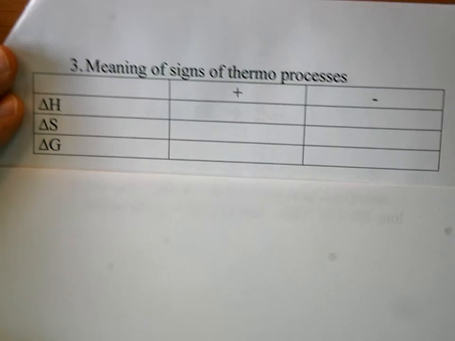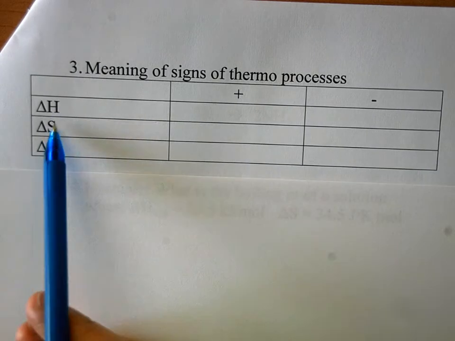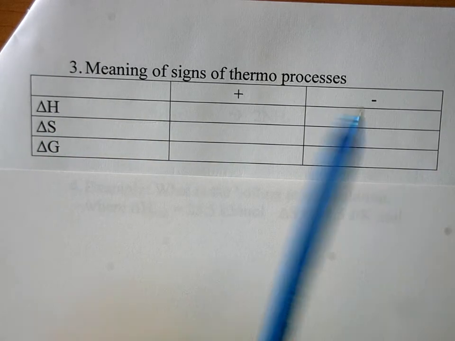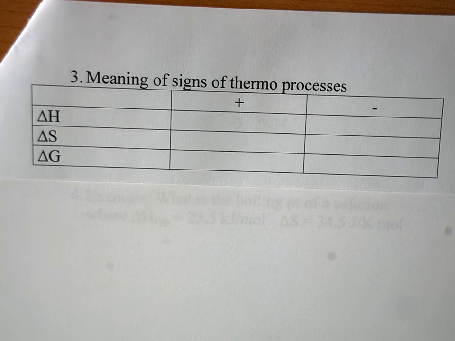Okay, let's summarize. And you don't have to draw a super fancy table, but just kind of set this up. The meaning of the signs, if you have delta H, delta S, and delta G, if they're positive or negative, what all of that means. So kind of just set that up. We'll fill it in real quick and then do an example.